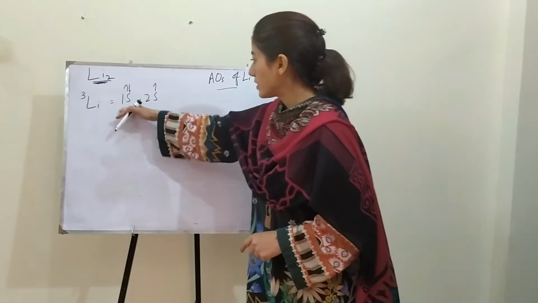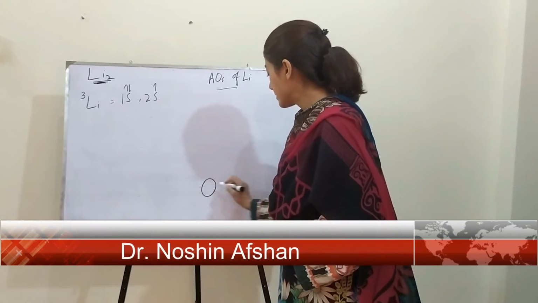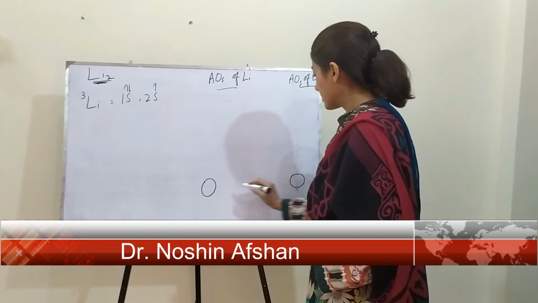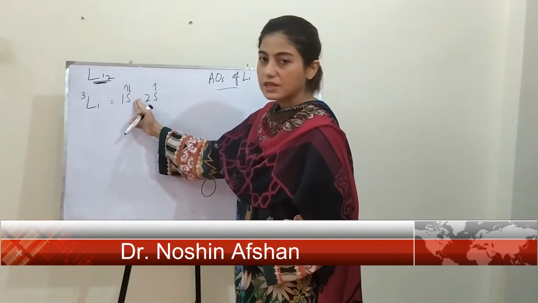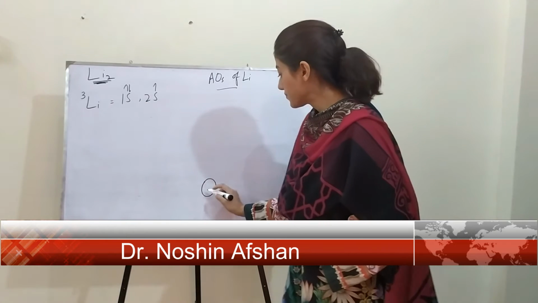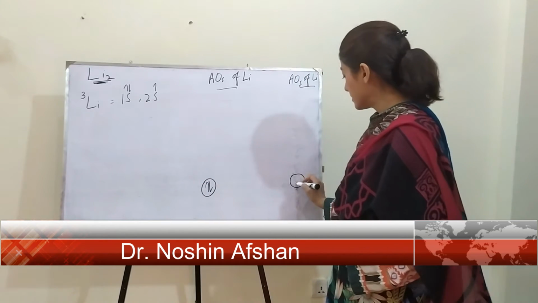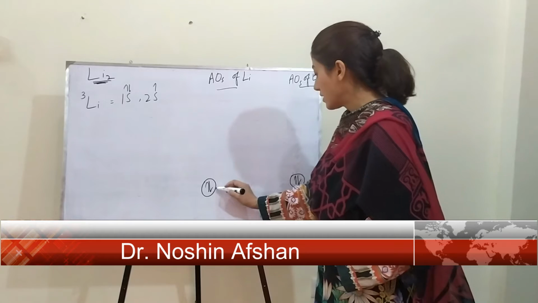We will start from 1s orbital. Here, as you know that there are 2 electrons in 1s orbital, so these 2 have been placed here and here.